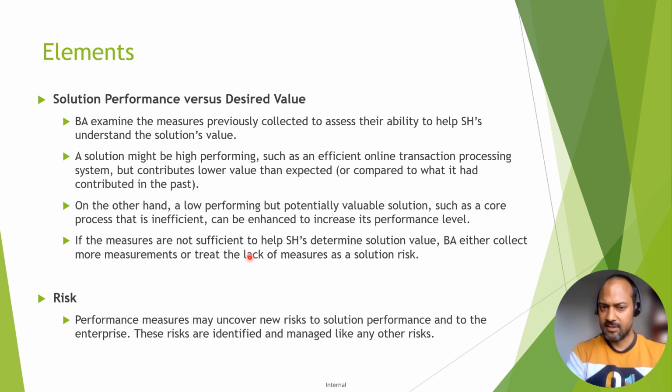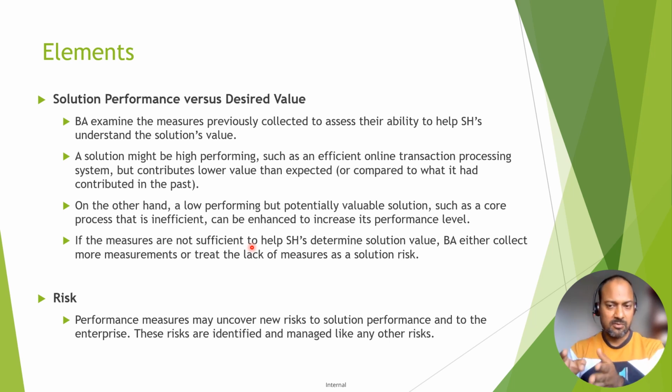If the measures are not sufficient to help stakeholders determine solution value, the business analyst either collects more measurements or treats the lack of measures as a solution risk. So if you remember in a previous slide, we talked about the key performance indicators to measure how well your website is performing on Google search, right? There we talked about revenue per investment, the click-through rate, right?